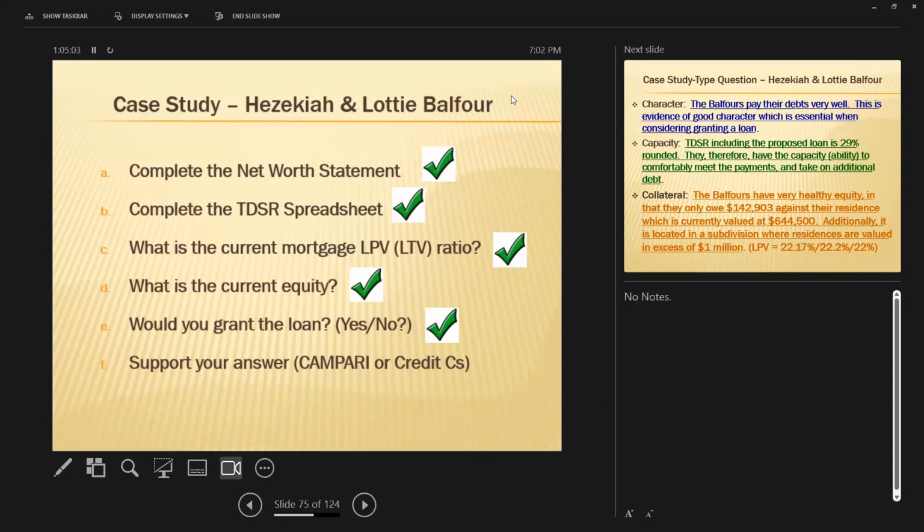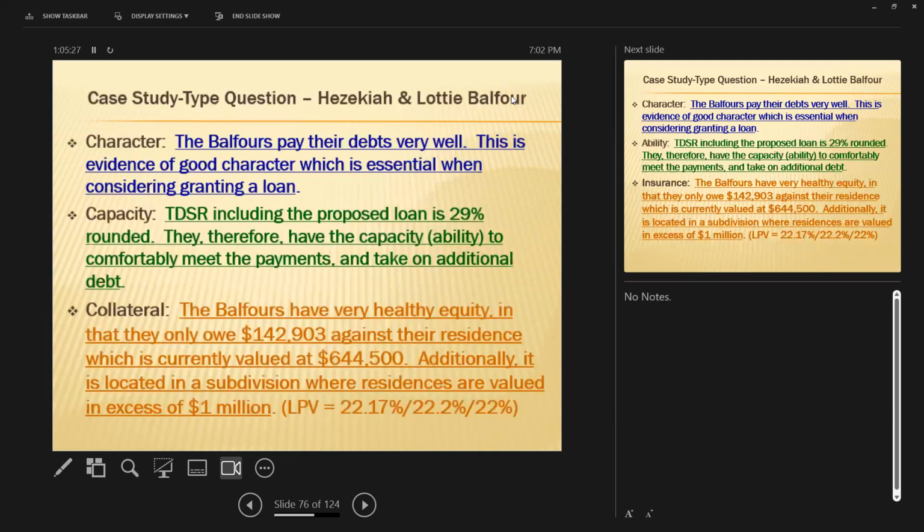They're not spendthrifts, because when you look at it, one credit card has a nil balance, and the other one has a fairly medium to low balance. Okay, and that would be part of character. If you want to make that point for character, you're talking about their character, their propensity to do a certain thing.